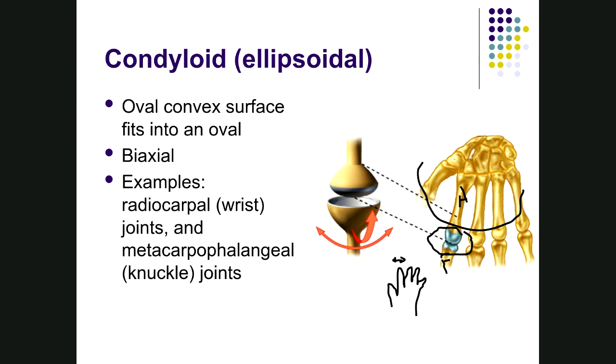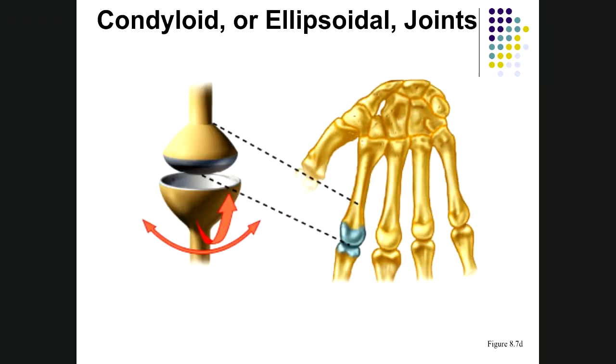They can only bend this way a little bit, but they can fold completely down into a fist. And so they can move a lot that way. But again, oval concave and oval convex. So we get two movements, but one is bigger than the other.